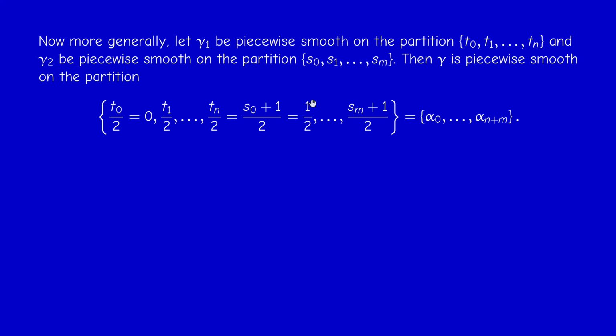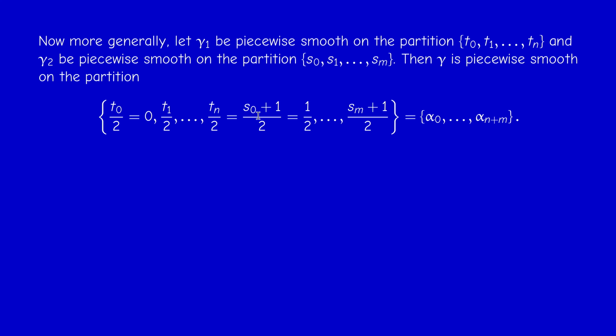So 1/2 is a point of the partition now. I can call this partition alpha 0 up to alpha n plus m plus 1. Okay, because I have what? From 0 to 1/2, I have n plus 1 terms. From 1/2 to 1, I have m plus 1 terms, but there's a common point counted twice.